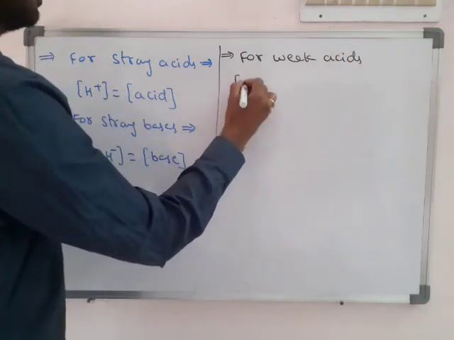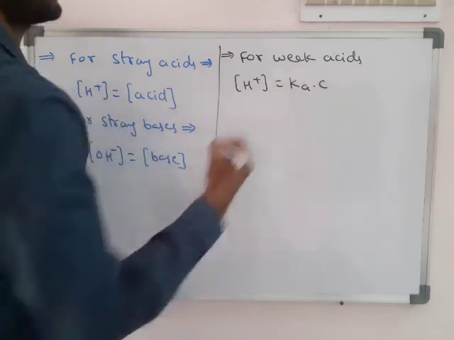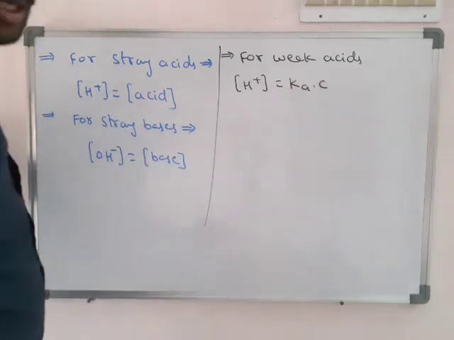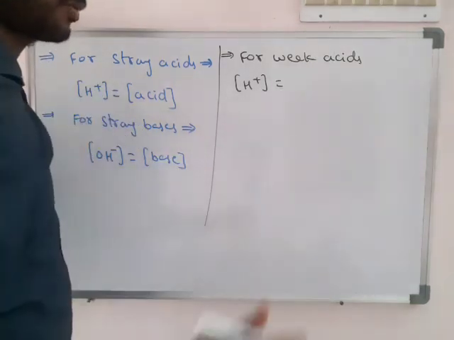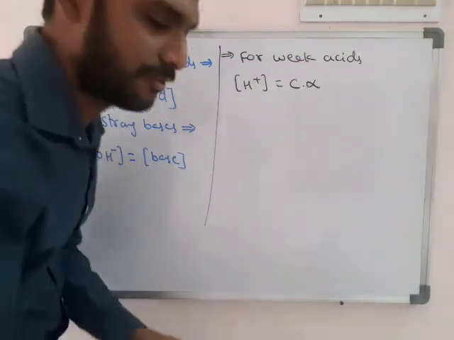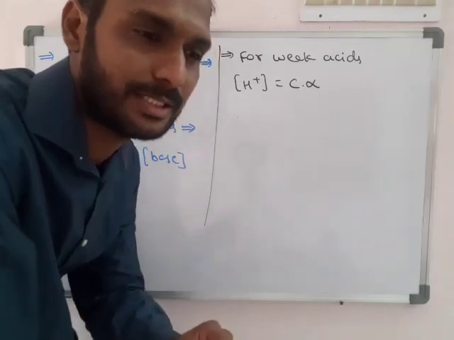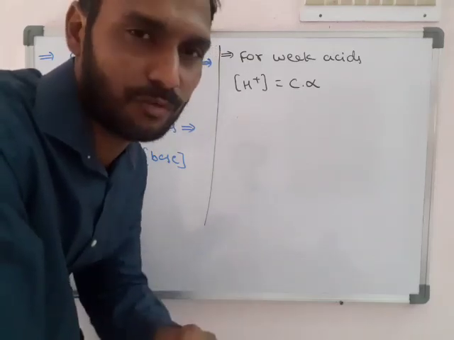For weak acids, H plus equal to root K into C, and in terms of alpha, it is C into alpha. Since weak acids do not dissociate 100%, we also have to consider the alpha value.